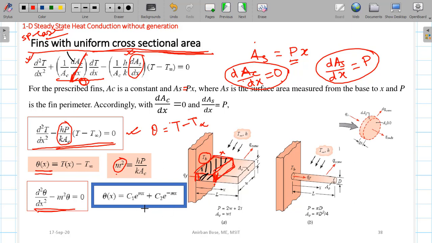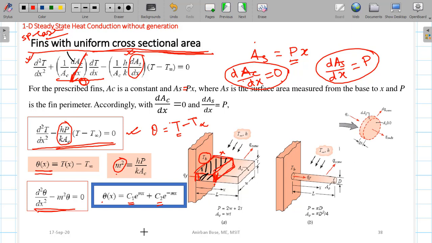Remember, if we know theta, that means we know the temperature, because theta and temperature are directly related. Simply you have to add T infinity to theta to get the exact temperature T. So theta will be in this form, and the last thing that you have to find out is C1 and C2.